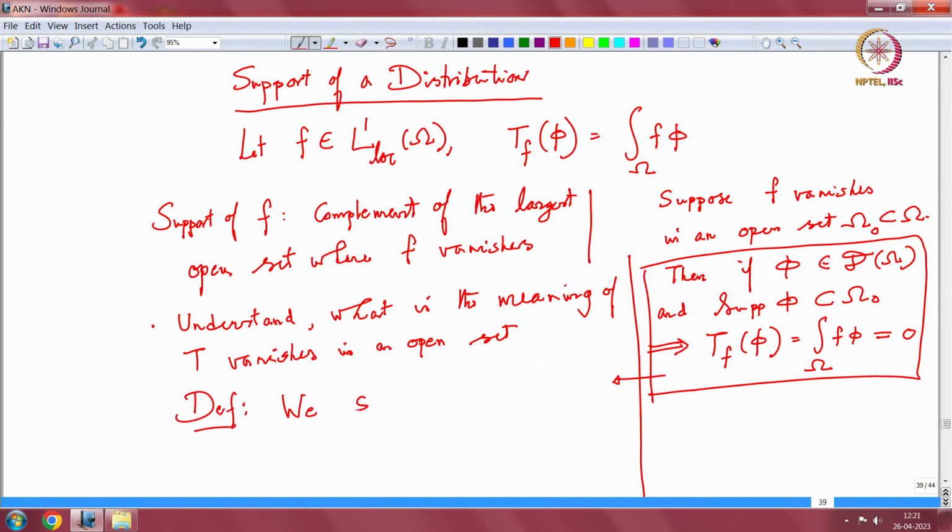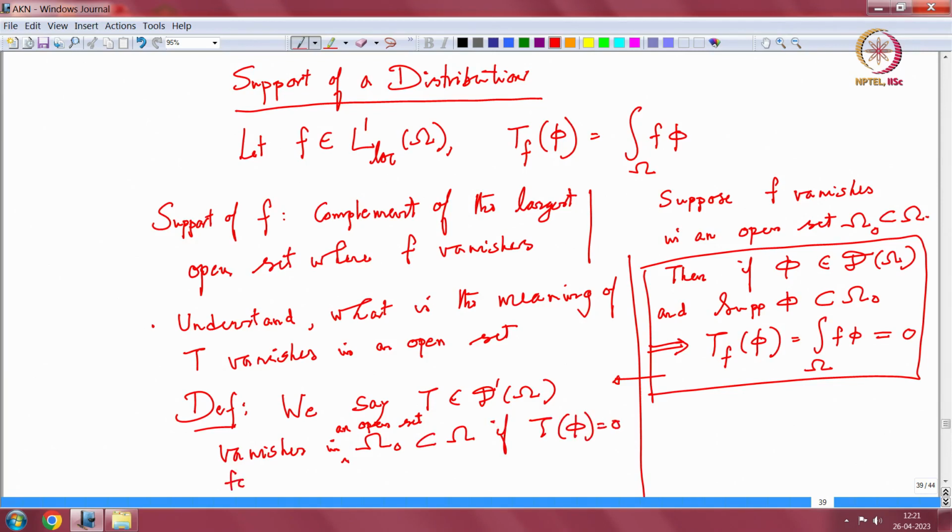We say T, now it need not be of this form, it may not be integrable, you can apply it to any distribution T. We say T in D'(Ω) vanishes in an open set Ω_0 contained in Ω if T(φ) equals 0 for all φ in D(Ω) with support of φ contained in Ω_0.